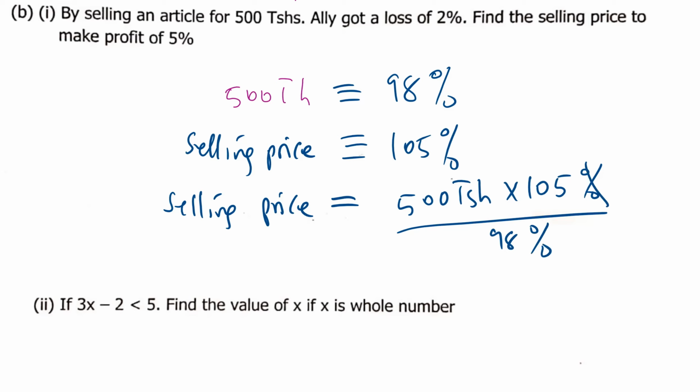You can cancel percentages, and the result now is you take 500 multiplied by 105, then you divide it by 98, and the result is 535.71 Tanzanian shilling.